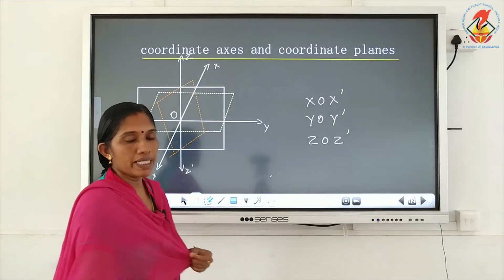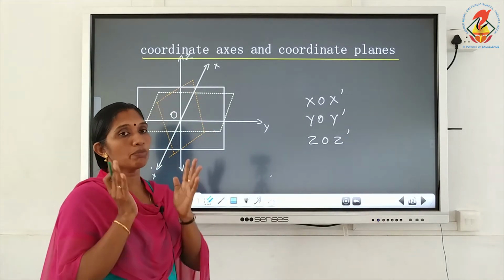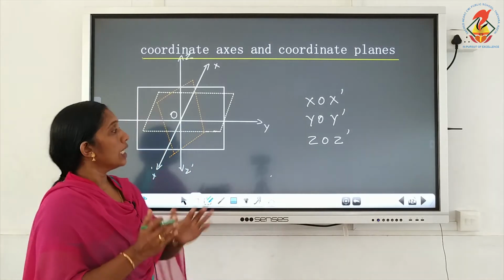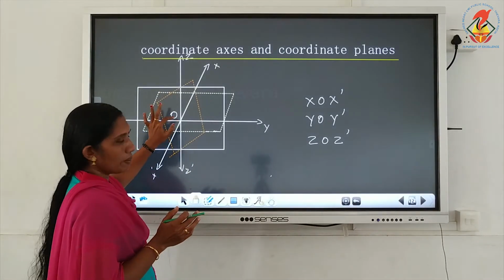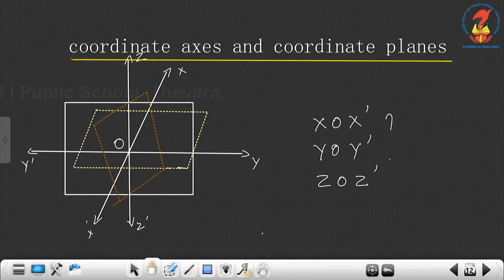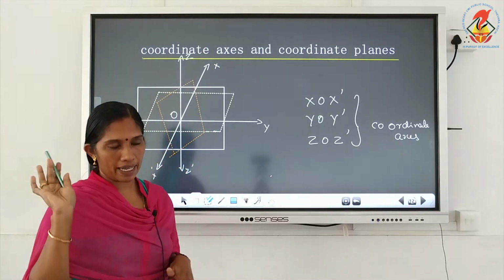These 3 planes are mutually perpendicular and intersect at the point O. So these are known as coordinate axes: the x-axis, y-axis and z-axis.